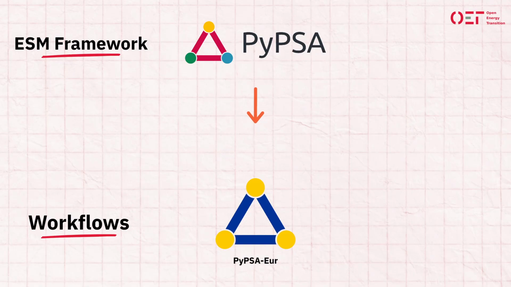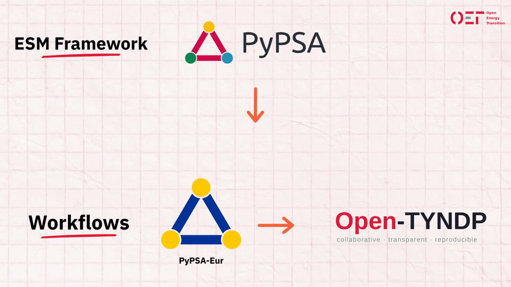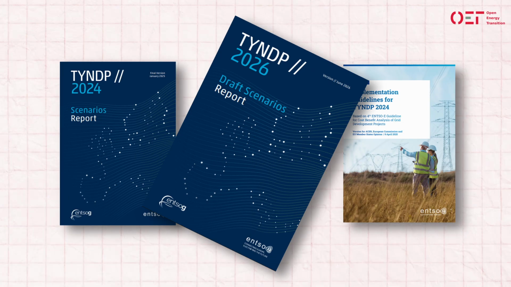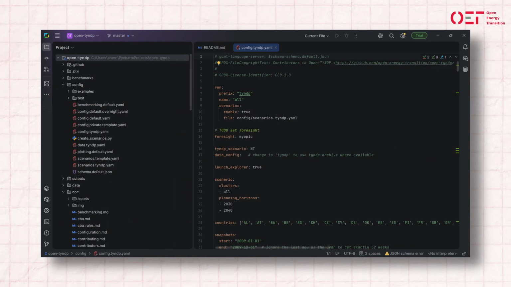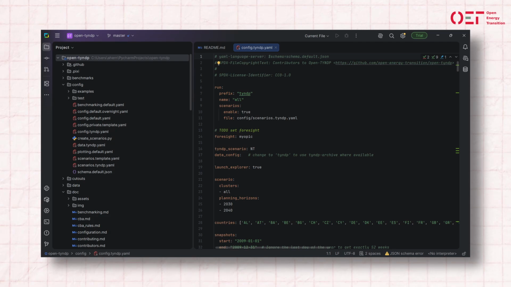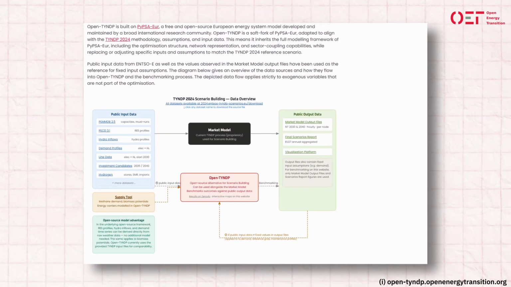Similarly to how PyPSA-Eur is an open modeling workflow of Europe based on PyPSA, Open-TYNDP is an adaptation of PyPSA-Eur focusing on the replication of ENTSO-E's 10-year network development plan, or TYNDP. So the Open-TYNDP was built on and benefits from the open source PyPSA-Eur modeling workflow and builds on it for its specific purposes, configurations, and data.